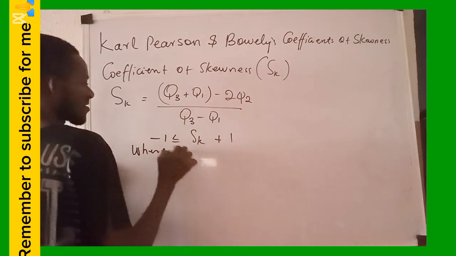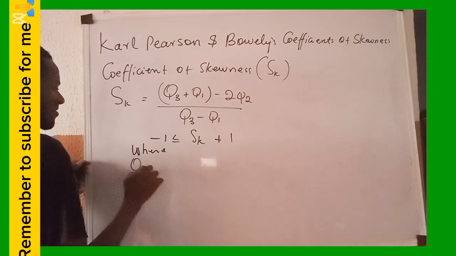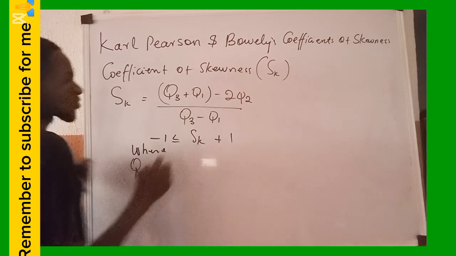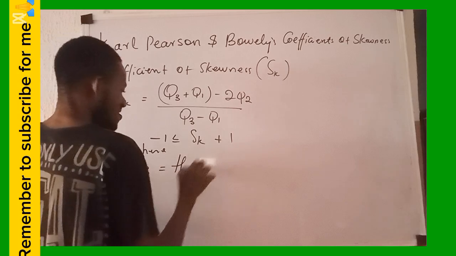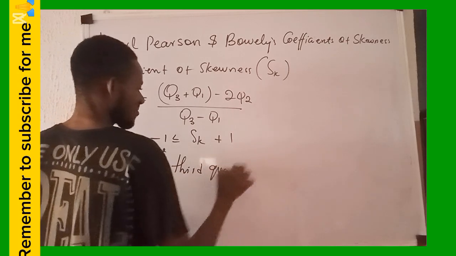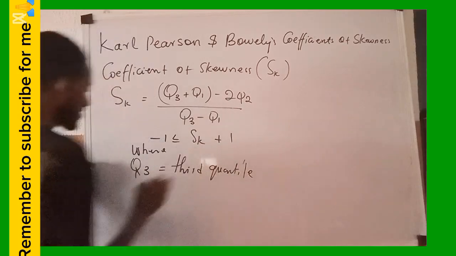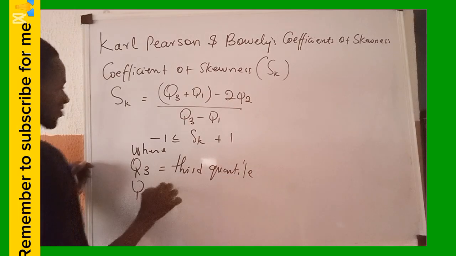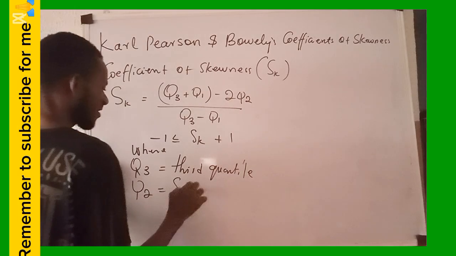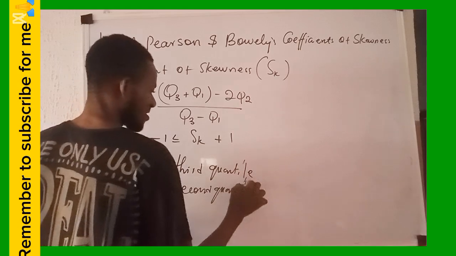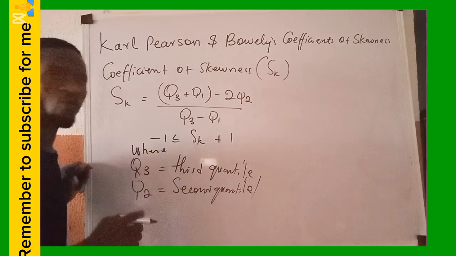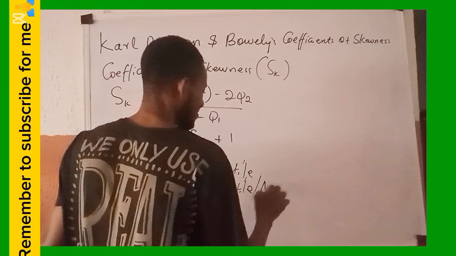Where Q3 is what we call the third quartile, then our Q2 is what we call the second quartile. We should remember that the second quartile is the same thing as the median.